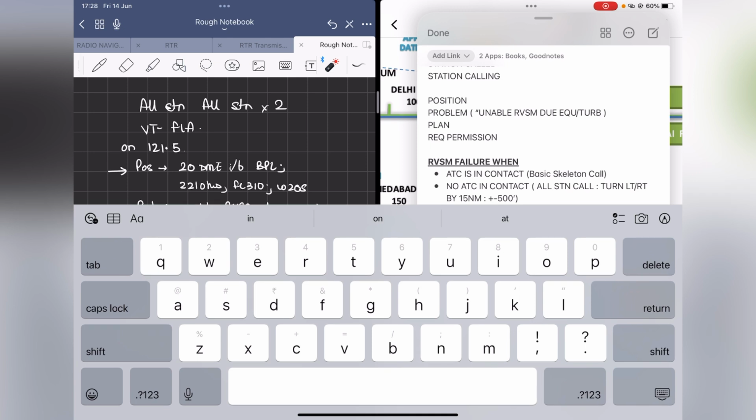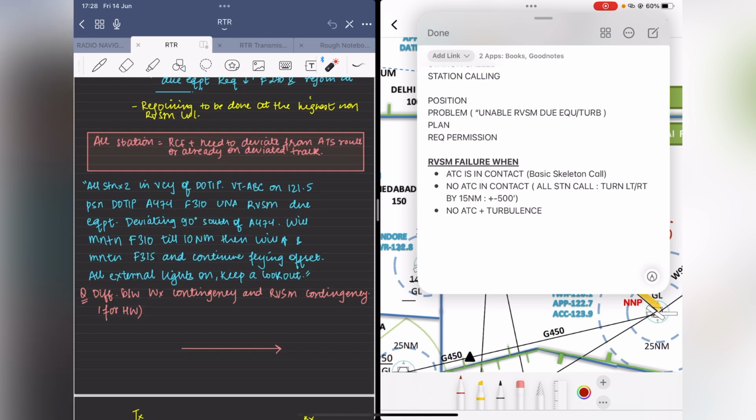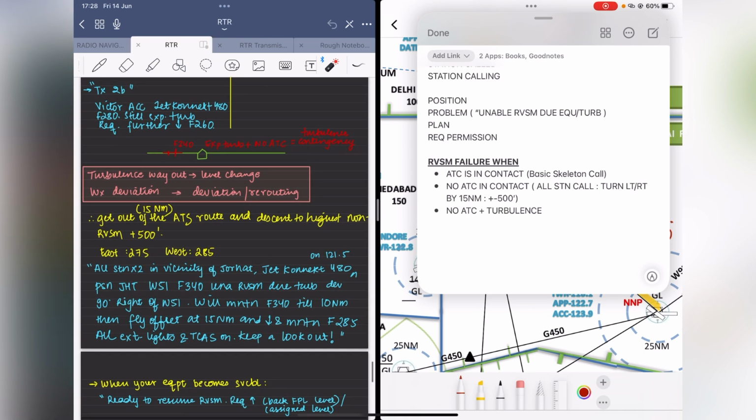Now, let's say there is no contact with ATC, but you're also experiencing turbulence now. In this case, what can you do? Now, very important for you to remember that turbulence, the way out of turbulence is to change your level. Always remember this. And in terms of weather deviation, in order to avoid it, you could deviate or reroute. But in turbulence, you will have to descend.